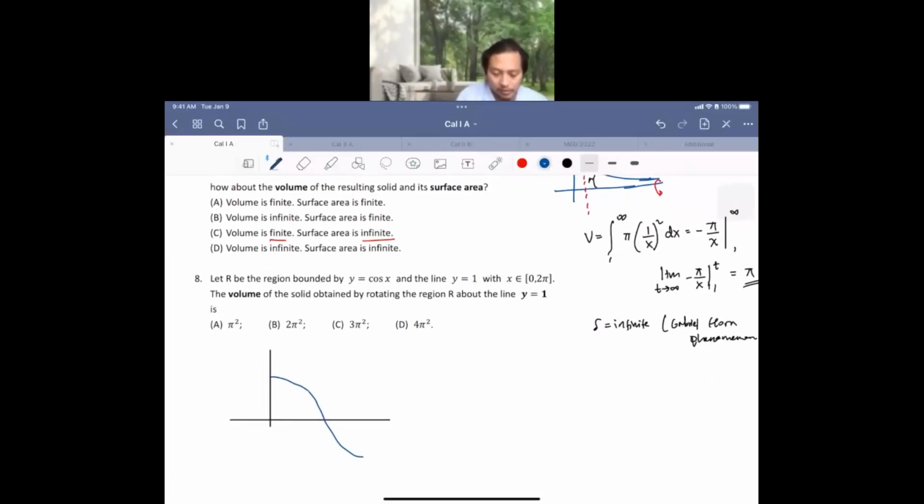Y equal 1 is probably here. So let's say that's the boundary. x is from 0 to 2 pi, and it's rotating on y equal 1. So this is y equal 1. So this is 1. This is pi over 2.